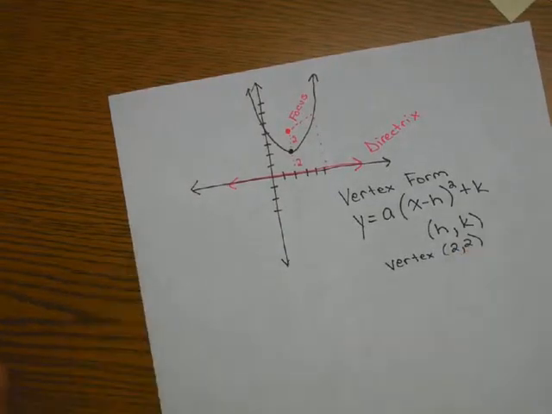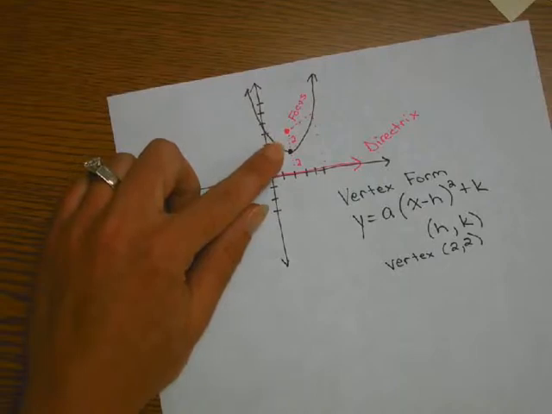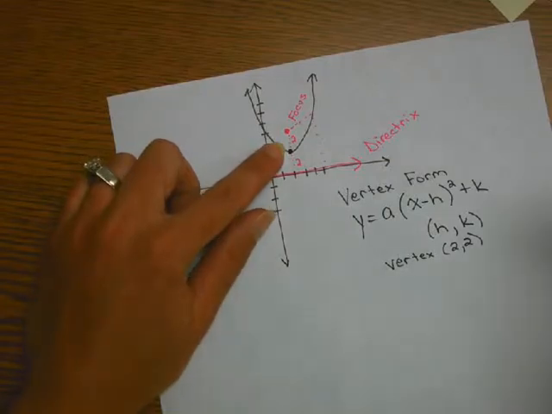But what about a? We would have to know what the vertical stretch or the vertical shrink was. This actually has to do with the distance to the focus. This distance actually helps me find a. There's a little formula that we probably need to write down.